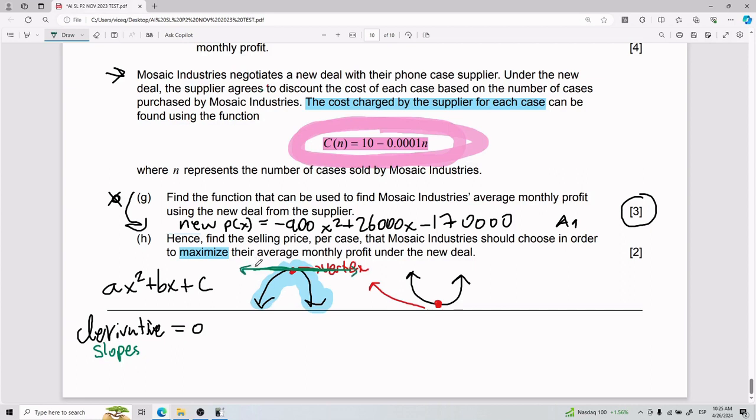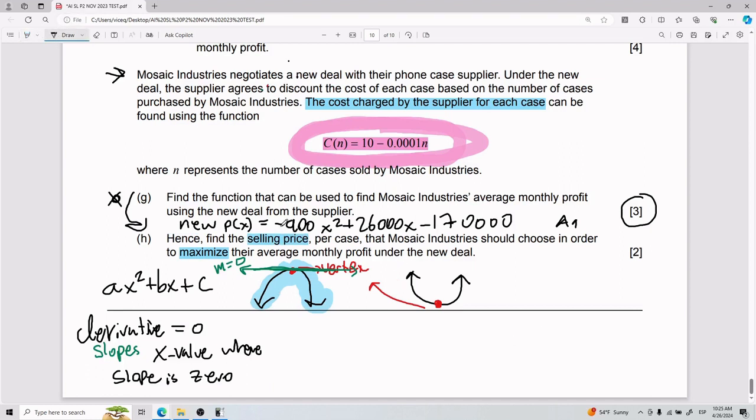And so wherever your slope is 0 is where your derivative is 0. And so doing the derivative equals to 0 helps you find the x value where your slope is 0. And that can help you find the amount of cases sold, and through that you find the selling price. Okay, so that's one choice, just doing the derivative.